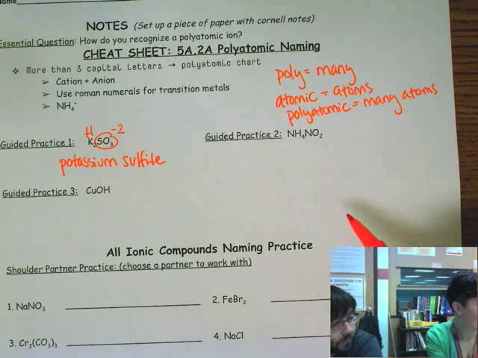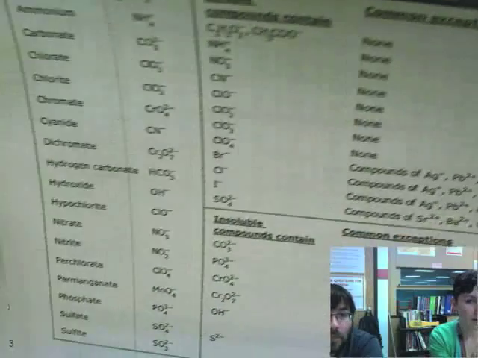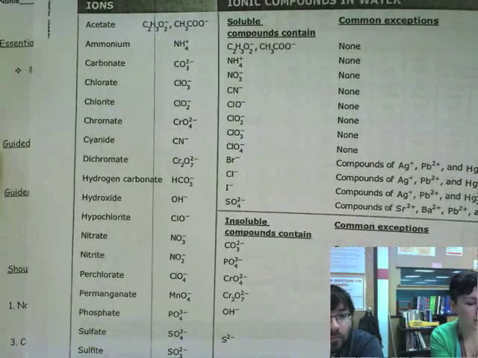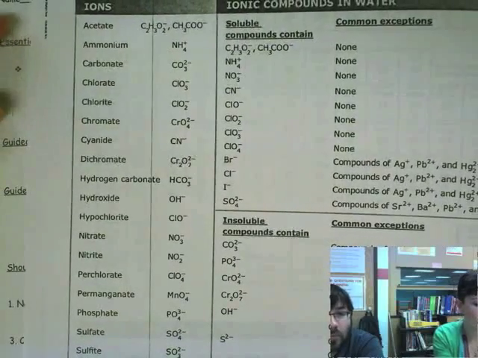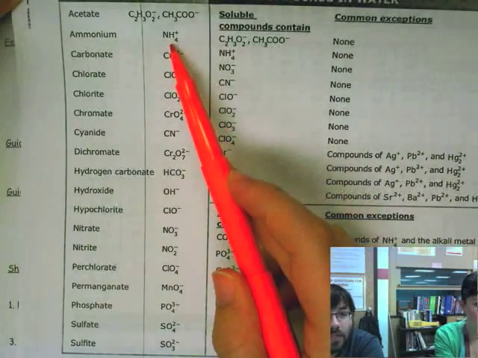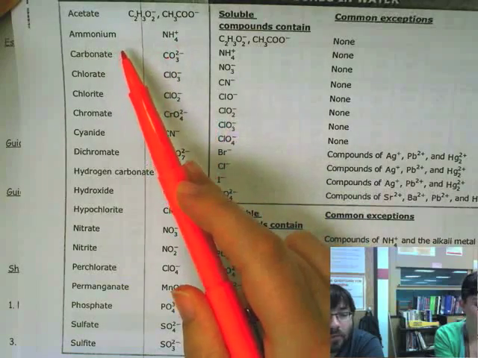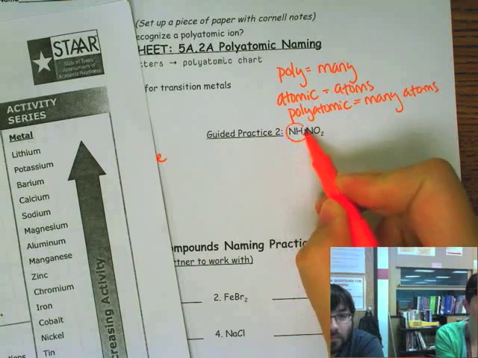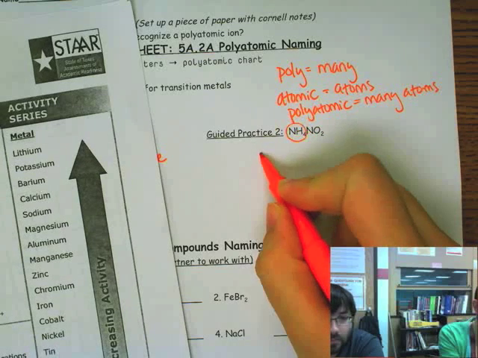If I can find it on my chart right here, then I know that it is a polyatomic ion. NH4, that was the first part of the formula, is right here. Oh, I see. There's ammonium. So that's my cation. That's the positive part. So I'm going to name this right here ammonium.